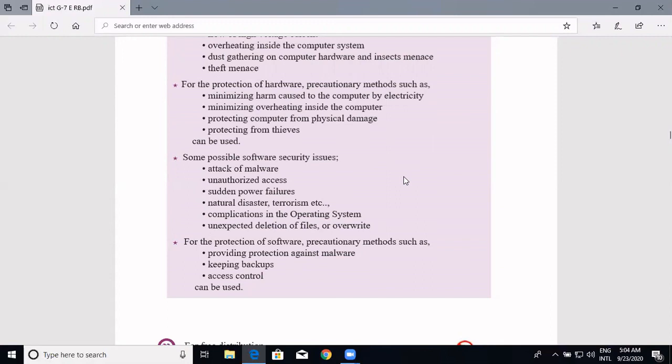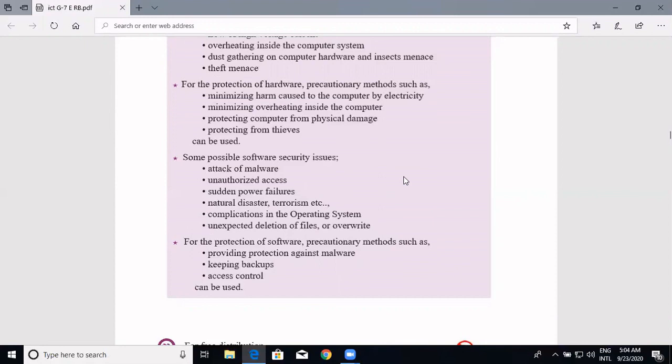So these software security issues can also be prevented or minimized using different precautionary methods like antivirus. You keep backups, you have some kind of access control, physically as well as logically. Okay, so all these things are related to computer security, right?